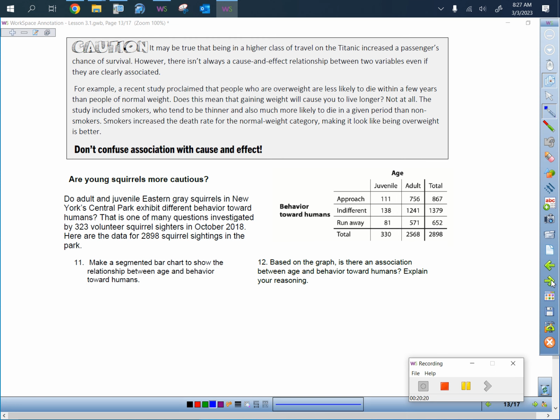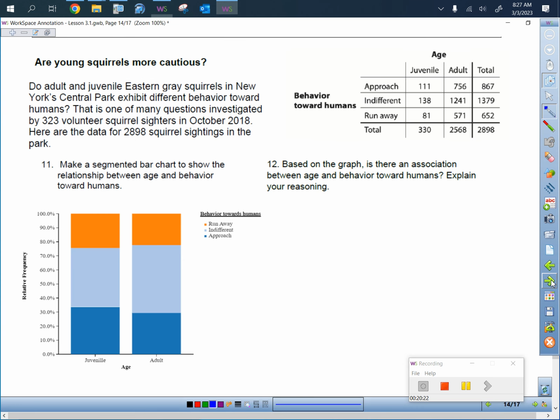Did your segmented bar chart look like that? What do you think? Is there an association? Yes or no? You will say yes if the bars are different. You will say no if the bars are exactly the same. We might even make a note of that.